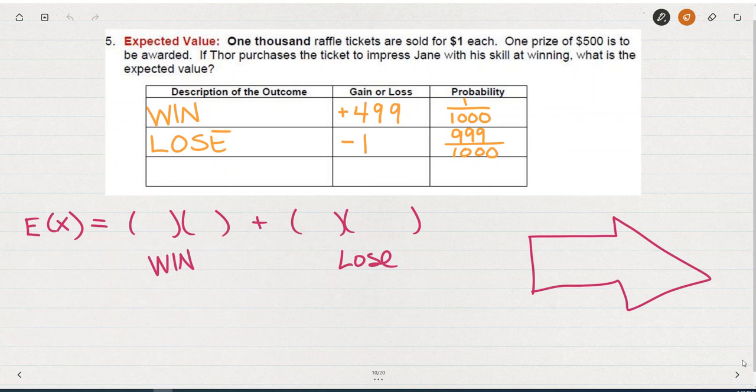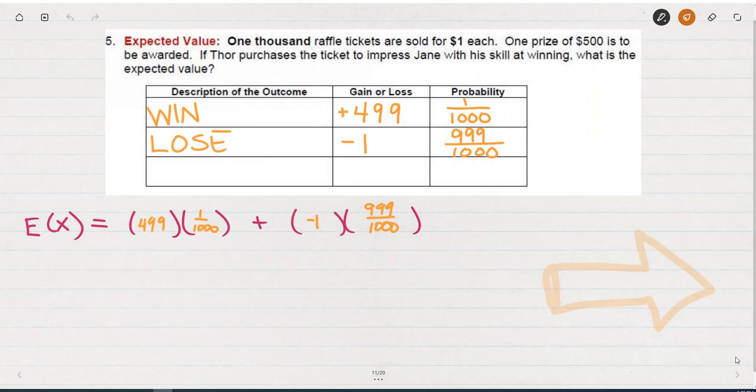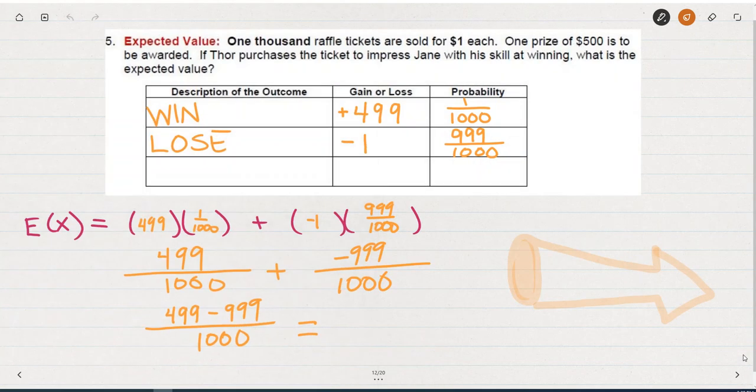So we could put the probabilities and the gain or loss in this formula, and we'd get 499 times 1/1000th plus -1 times 999 1,000ths. And when you add that up, you get 499 plus -999, and that comes to -500 over 1,000.